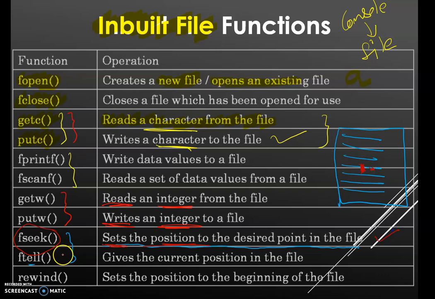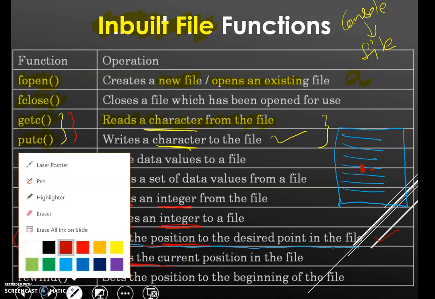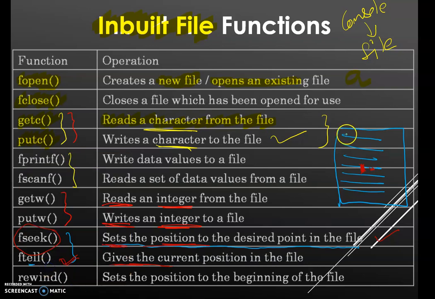Then ftell gives the current position in the file. Let's say you are reading the file, or you are printing or writing in the file, and you started reading the content and you have reached over here, and you are doing some other thing.